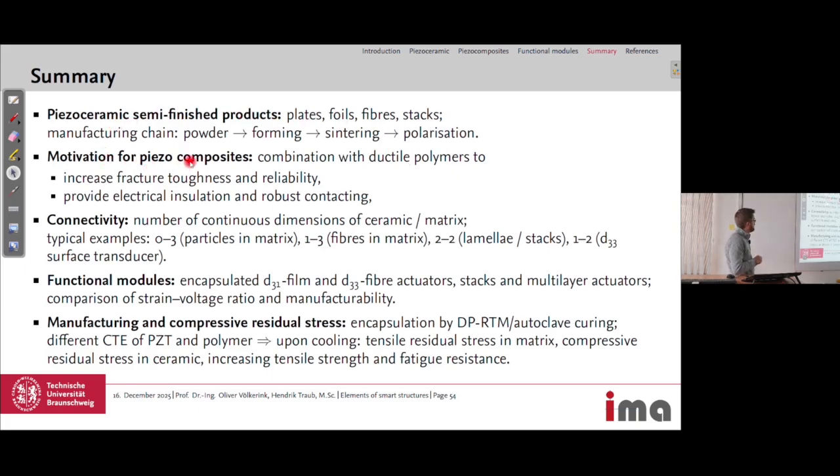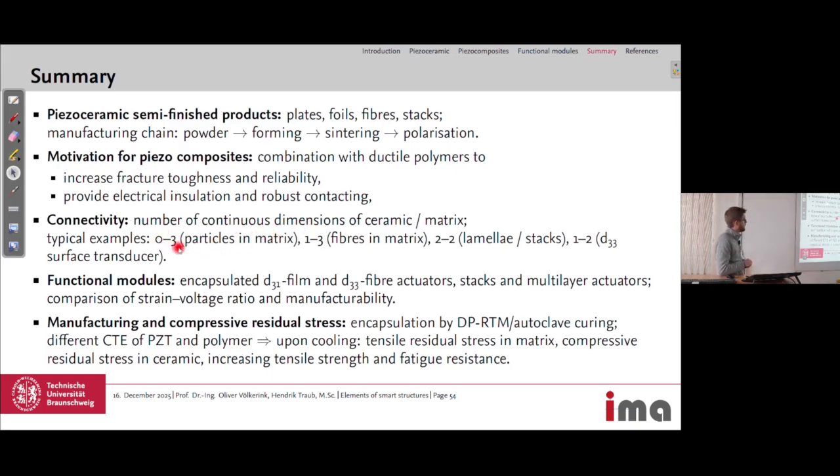We combine the piezoceramic with polymers to form the piezocomposite. And with this, we increase the fracture toughness and the reliability. And we can also easily include electrical insulation and robust contacting, so these two points where we can solder our wires.